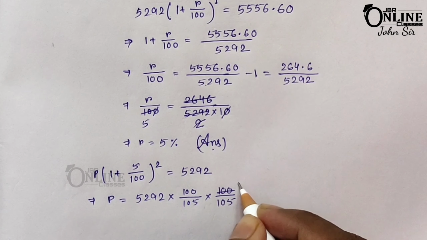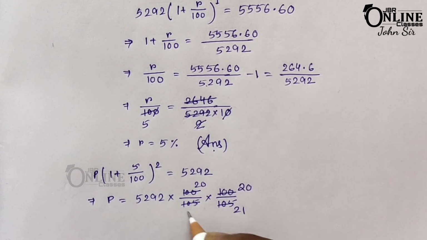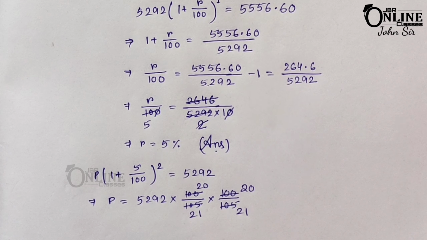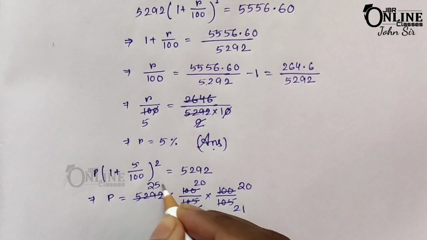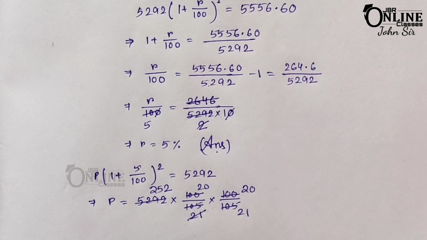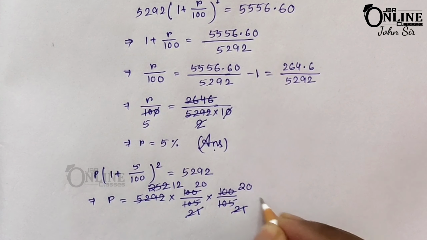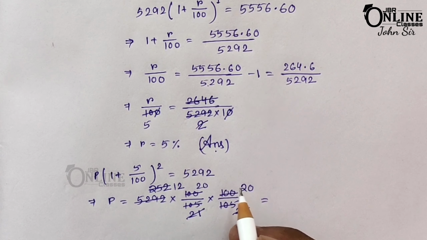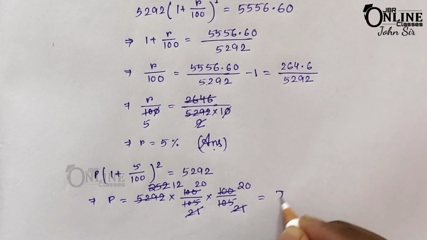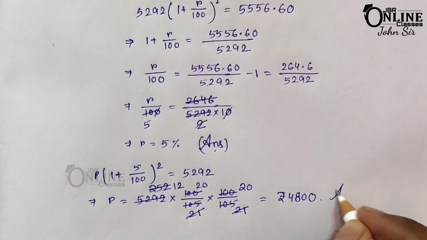So it will be 20, here 21, here also 20, here also 21. Now 21 divided into 5292, so it will be 252, again 252 divided by 21 equals 12. So now 12 into 20 into 20, so 12 into 400 equals rupees 4800 as your principal.